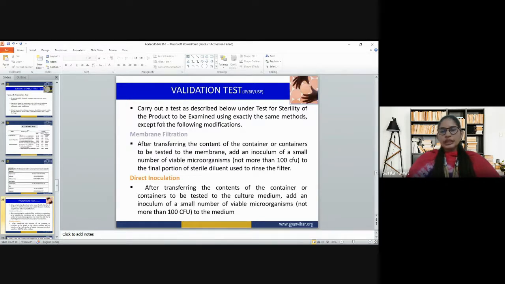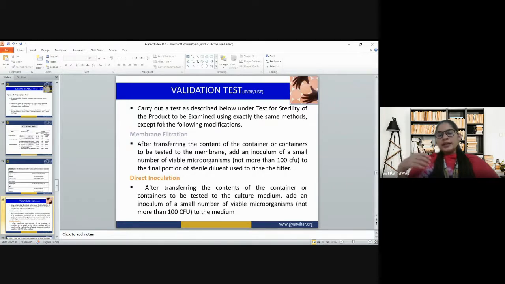For membrane filtration, after transferring the content of the container or containers to be tested to the membrane, add an inoculum of a small number of viable organisms, not more than 100 CFU, to the final portion of the sterile diluent used to rinse the filter. So this is the validation test for membrane filtration.